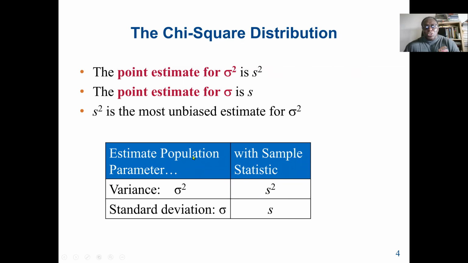We have the symbol for variance for the population, and the variance for the statistic, which is a sample. Then the standard deviation for the population and the standard deviation for the sample. As from our previous lectures, the population characteristics are called parameters and the sample characteristics are called statistics.